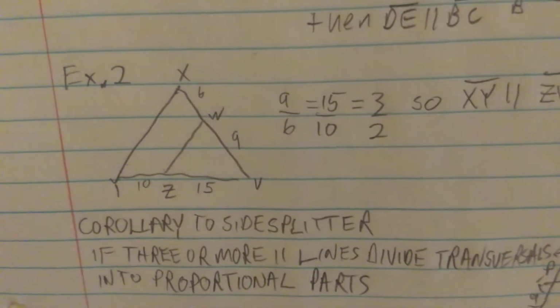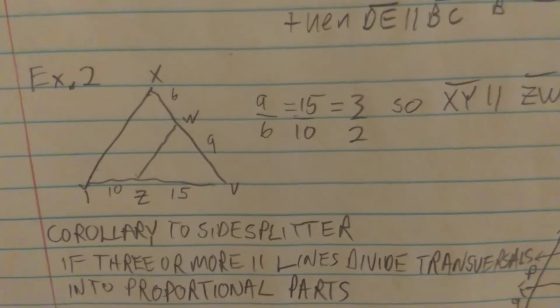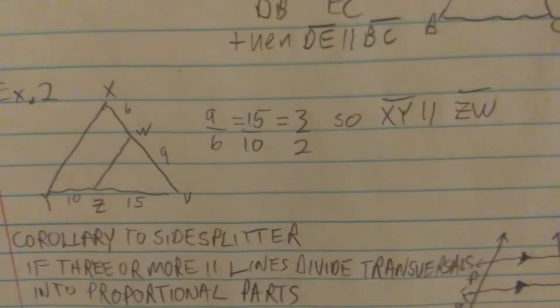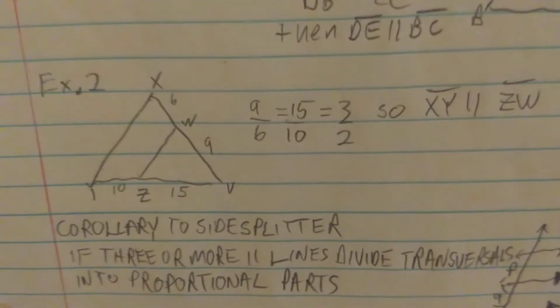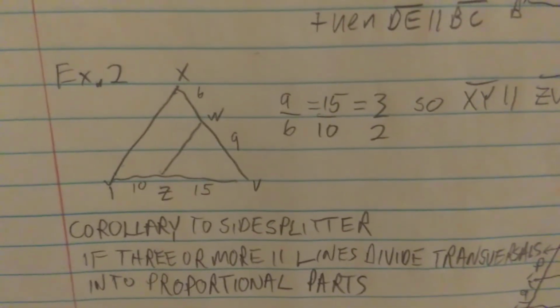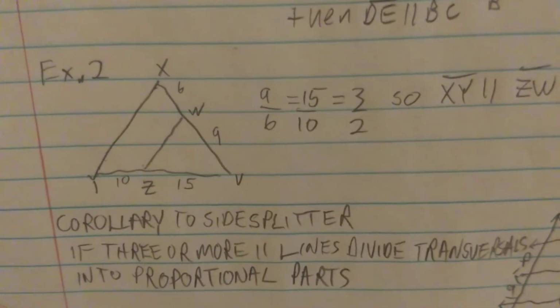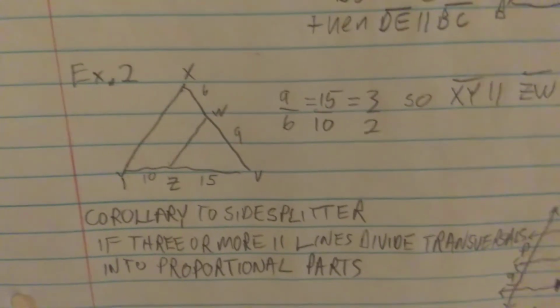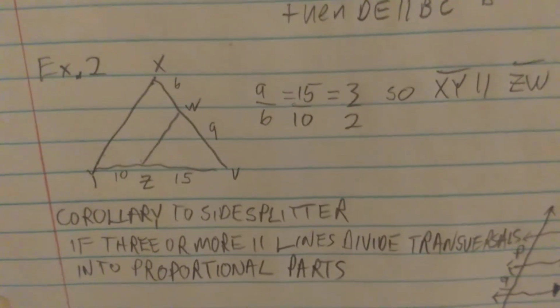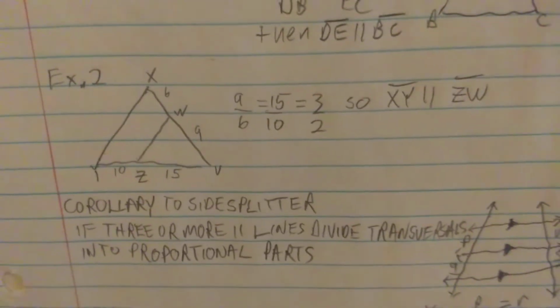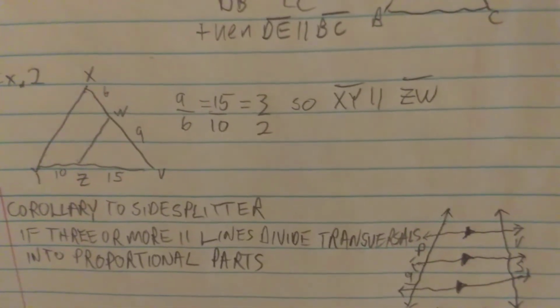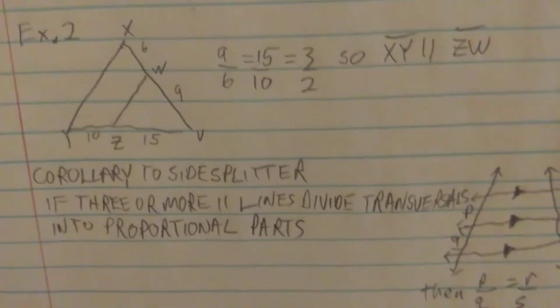Now example 2, if we have 9 over 6, that would be WV over WX, is equal on the bottom to 15 over 10, ZV over ZY, which is simplified. They both simplify to 3 over 2 on Math Enter if you need to. So we can then indeed say that XY is parallel to ZW.